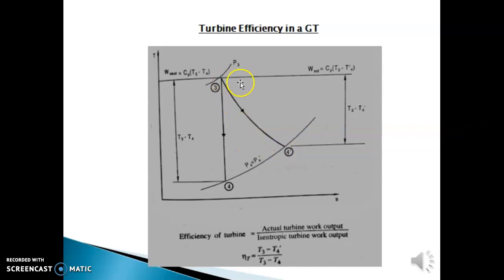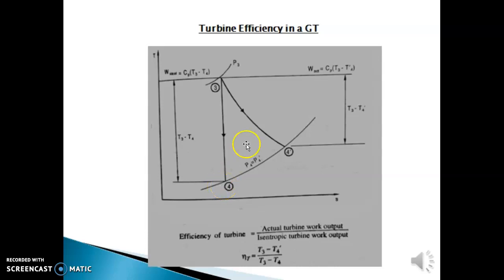Now, we can easily find two work outputs. First, the actual work, because 3 to 4 dash represents the actual expansion process in the turbine. Therefore, W actual is equal to Cp into T3 minus T4 dash, where T3 minus T4 dash represents the actual temperature drop inside the turbine. Now, 3 to 4 is the isentropic expansion.